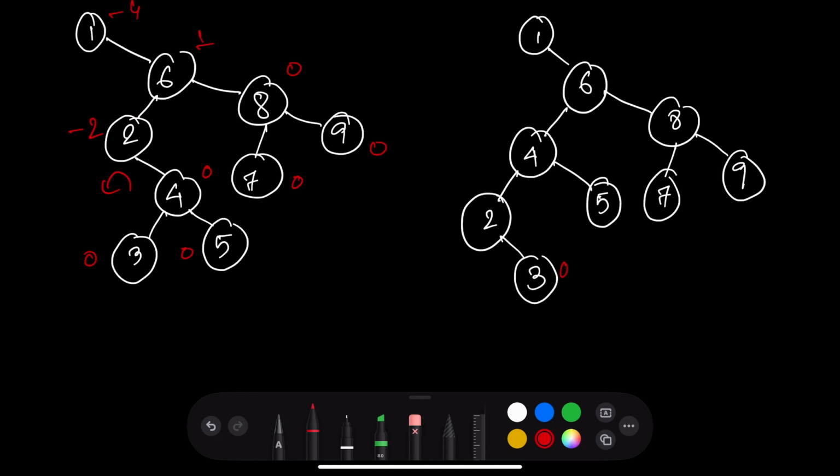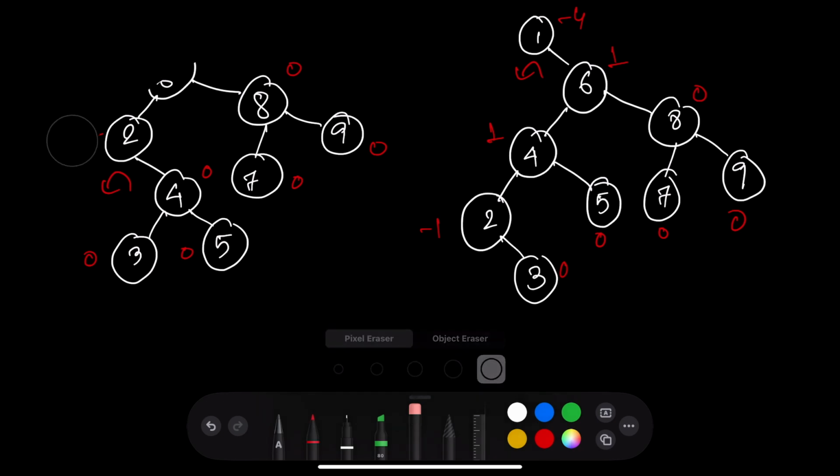Correct? 0 0 0 0, -1 1 0, 3 -2 1. See, balanced. Then it is going to be -4 again, then obviously left rotation would be working.